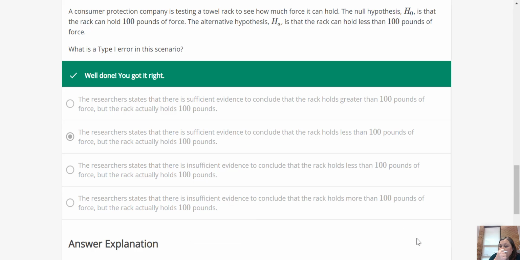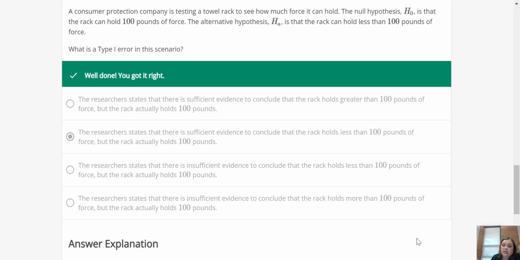So for this one, I would really encourage you to write out what the null scenario is and what the alternate scenario is. If it's a type 1, you're going to cross off the null and you're going to go with the alternate. And if it is type 2, you're going to cross off the alternate, and basically that's implying that the null could be true, right?